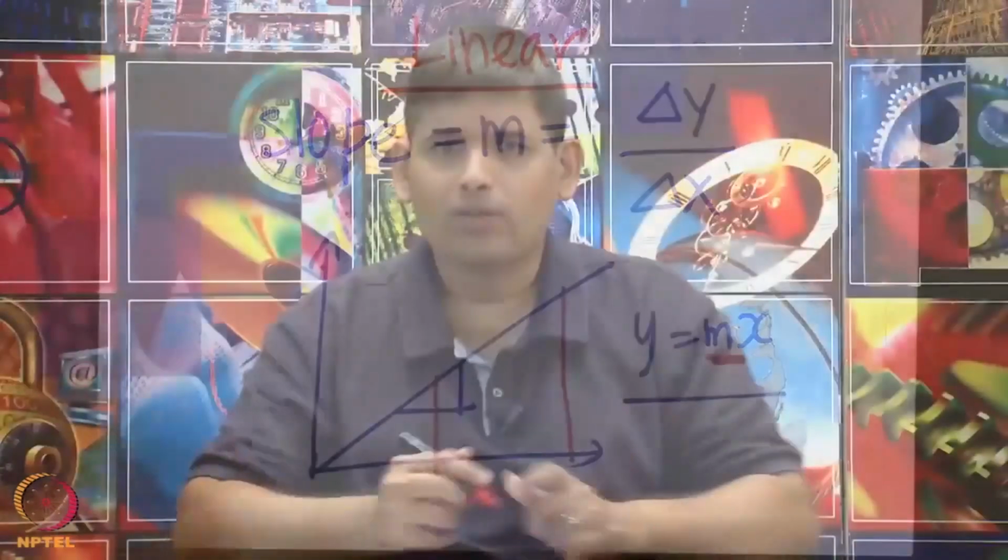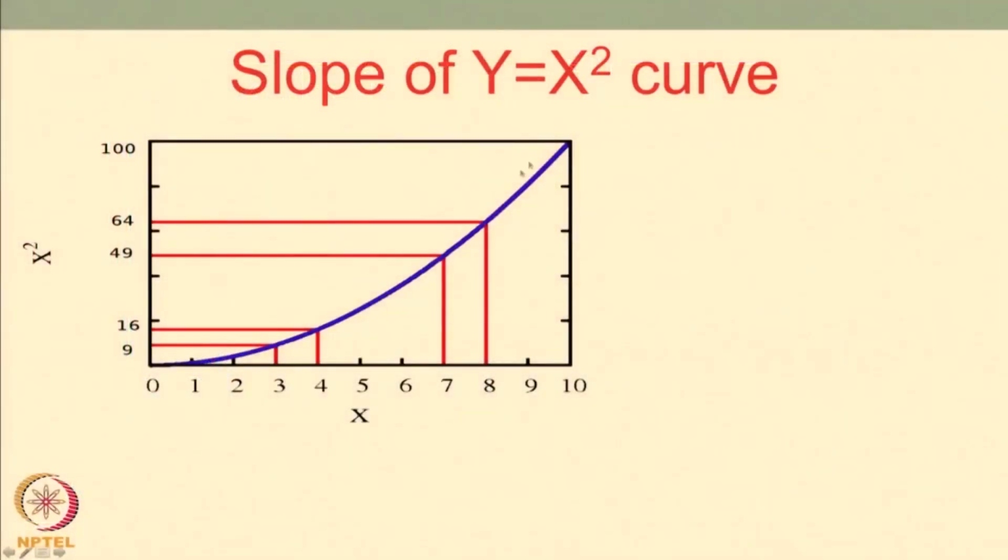So, y is equal to x square is the simplest example of a nonlinear function, that is, there is a square there. Therefore, this is a curve, not a line, and we will familiarize ourselves with computing the slope of this function at various points.